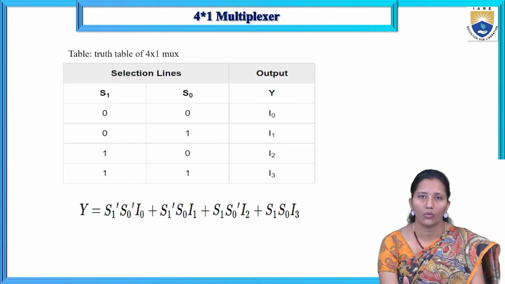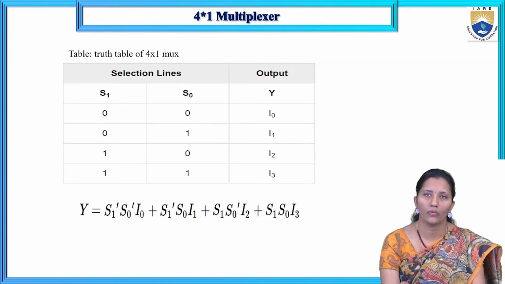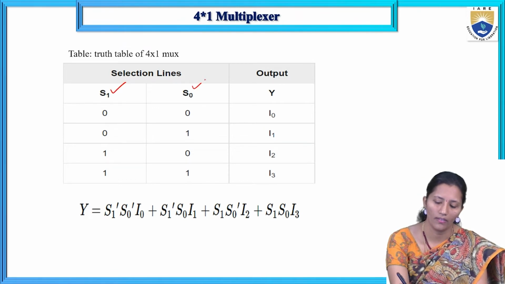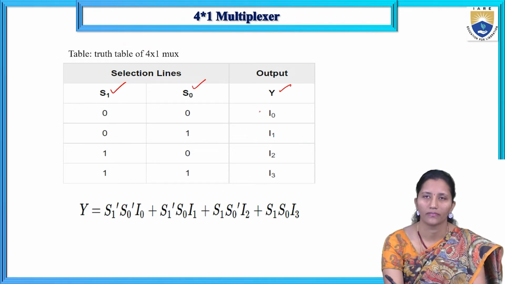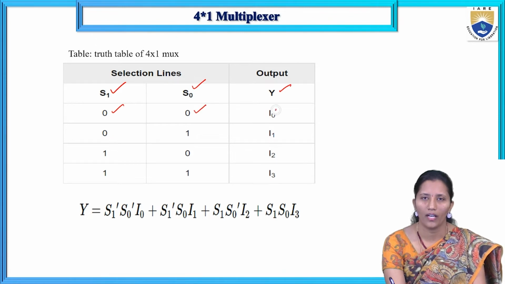So, if we observe the truth table of the 4x1 mux, according to the selection line values, we will get the output. If we have 2 selection lines, then we will get the 4 combinations 0 0, 0 1, 1 0, 1 1. If S1 and S0 both are 0, then whatever the data present in I0 will be transmitted to the output, and the remaining inputs will be disabled.